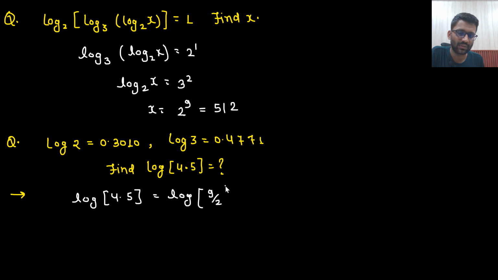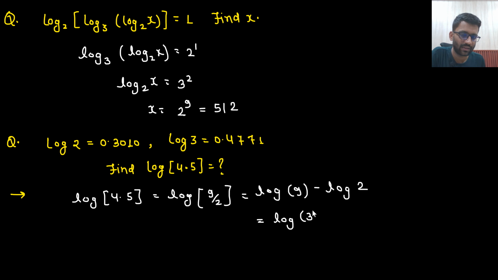Log 9 by 2. Say yes or no. Log 9 by 2 can be written as, in brackets there is division, so there is a rule: log 9 minus log 2. And log 9 can be written as 3 square, say yes or no, minus log 2. So it can be written as 2 log 3 minus log 2.